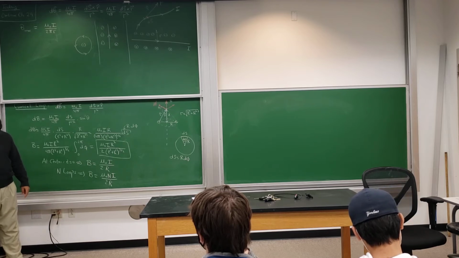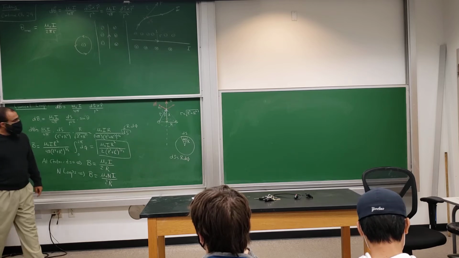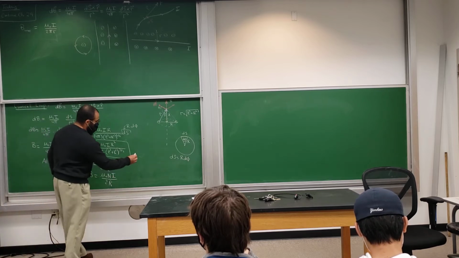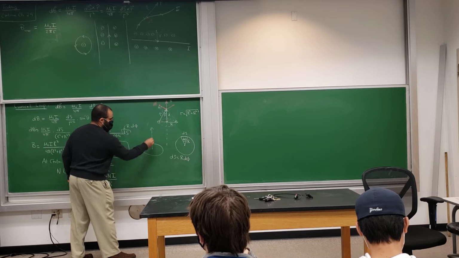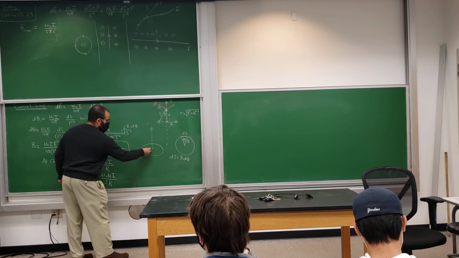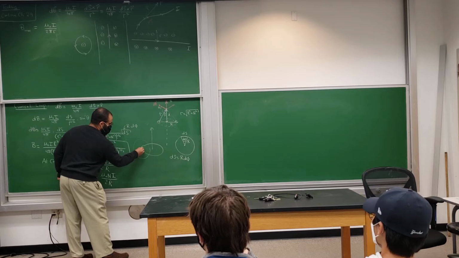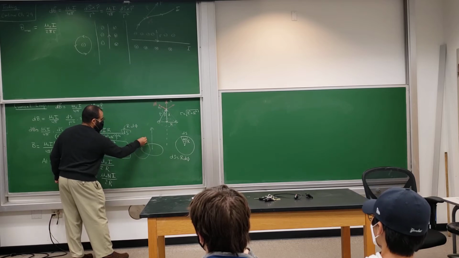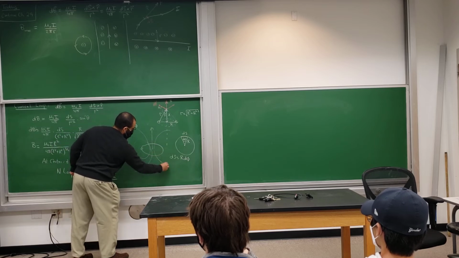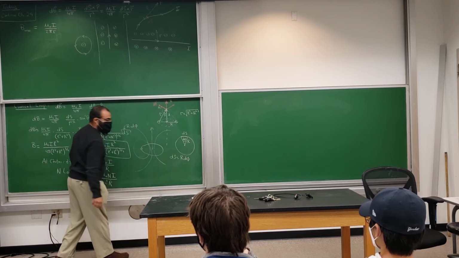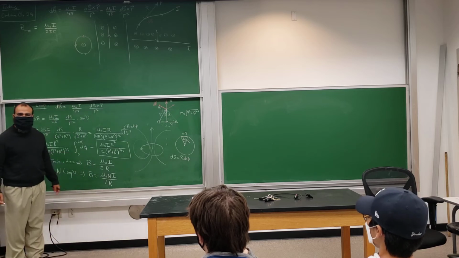Now, off axis. On the axis of the loop, so here is the loop, the magnetic field along the axis looks like that. But off the axis, if you're really close, it looks like this. If you're farther off the axis, it's something like this. You can look up a nicer picture in the book.